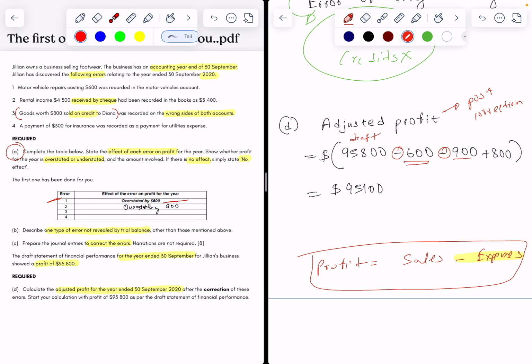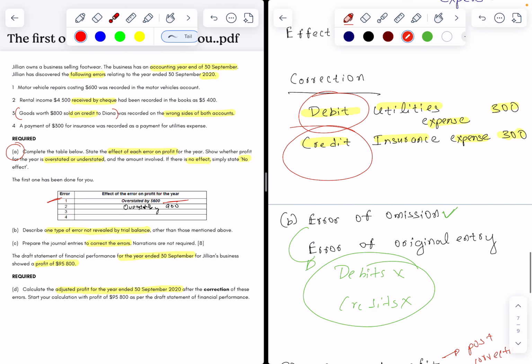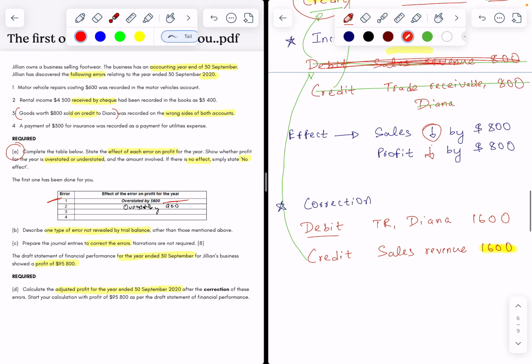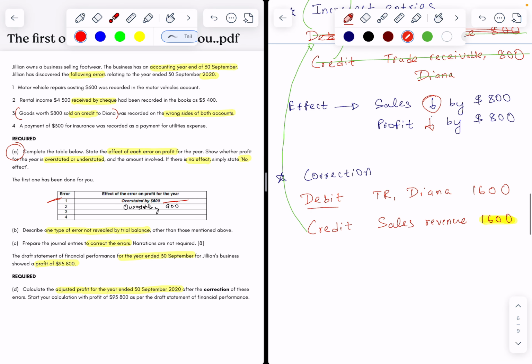What about the third error? So in the third error, I'll just scroll back up. Sorry to break your attention span. So in the third error, as part of a correction, we debited the trade receivables account for Diana by 1,600, which is to increase our current assets, and to credit the sales revenue account by 1,600, which is to obviously increase our revenues.